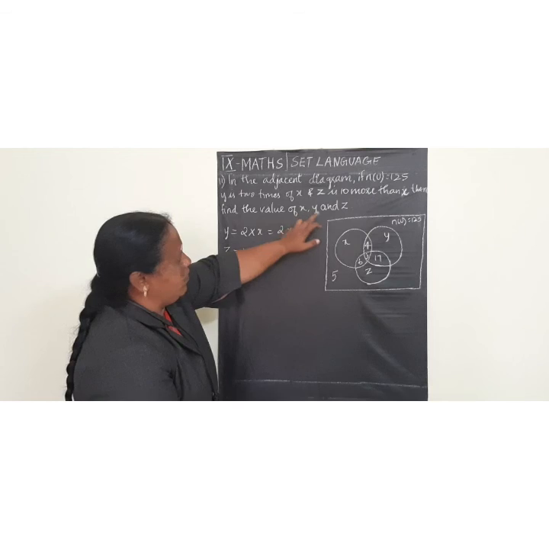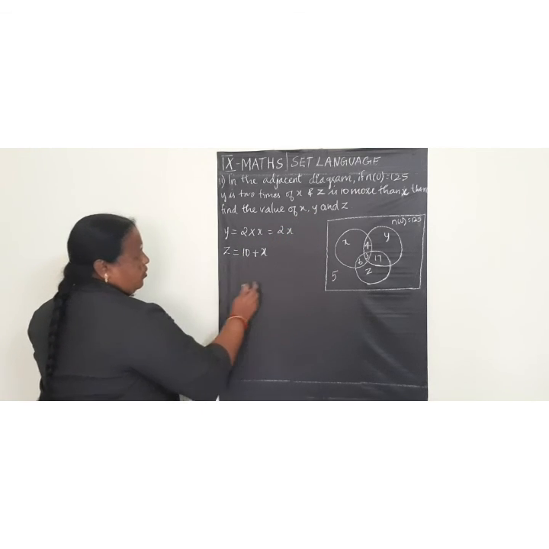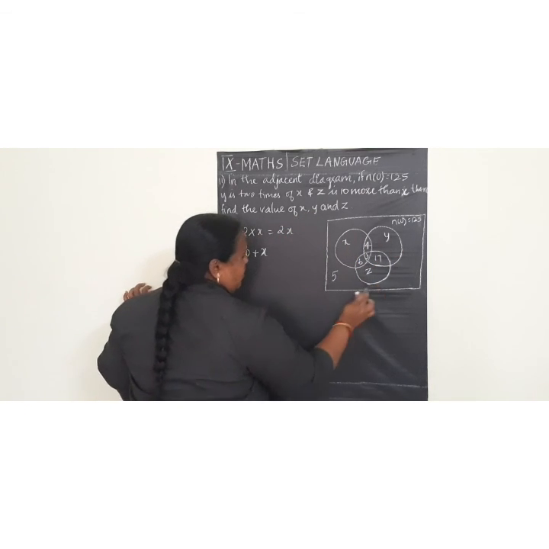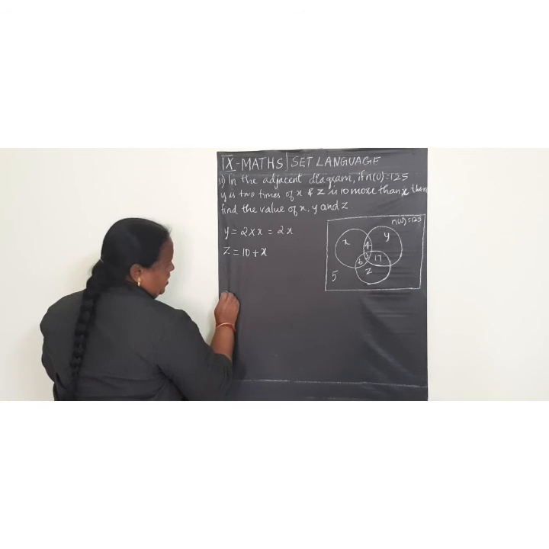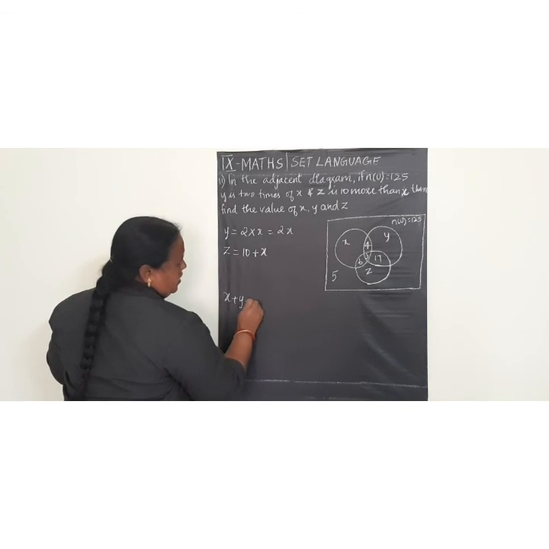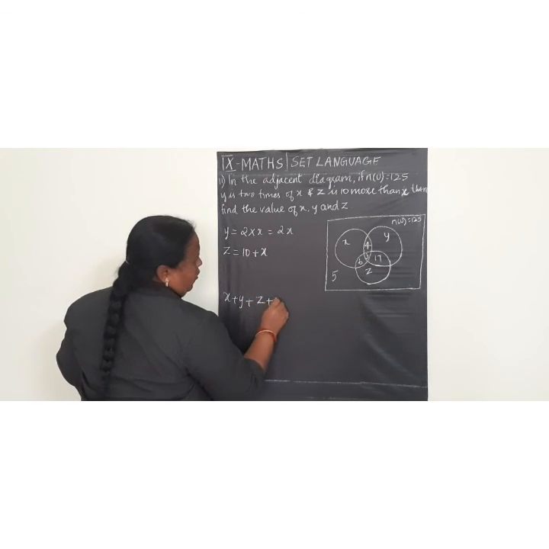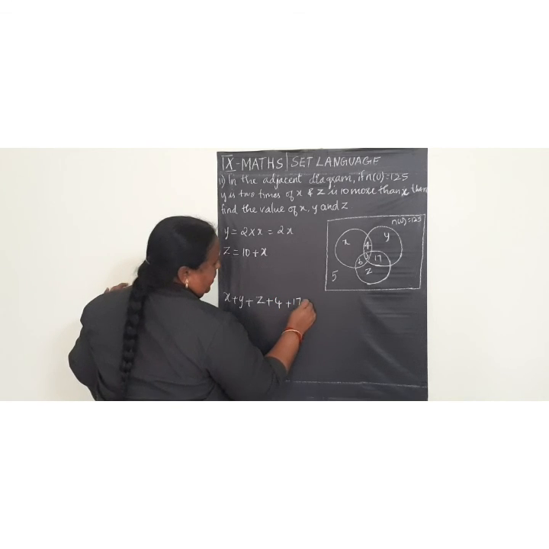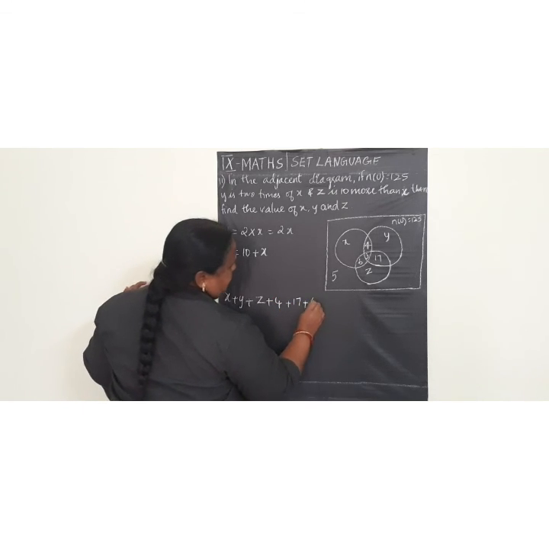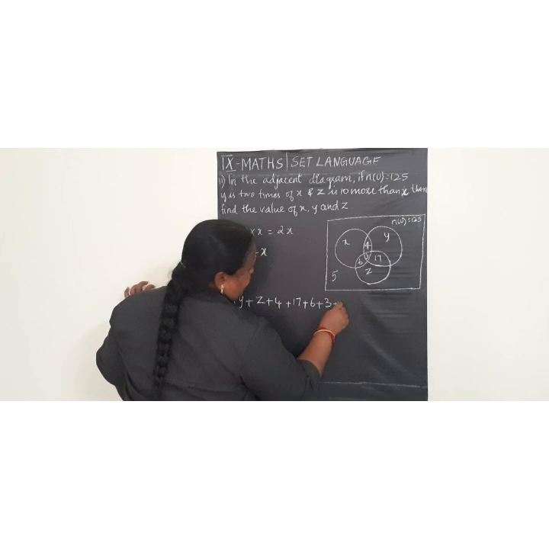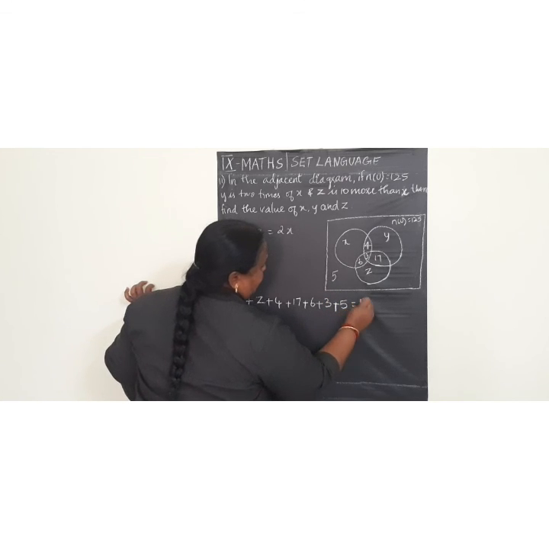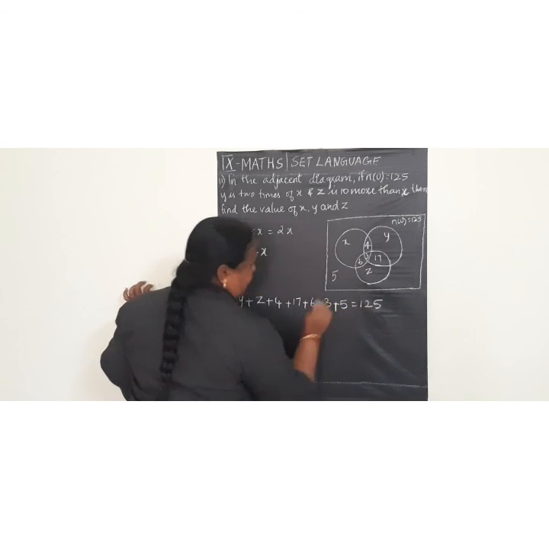Then we have to find the value of x, y and z. So first we add all of this: x plus y plus z plus 4 plus 17 plus 6 plus 3 plus 5 is equal to 125, as given.